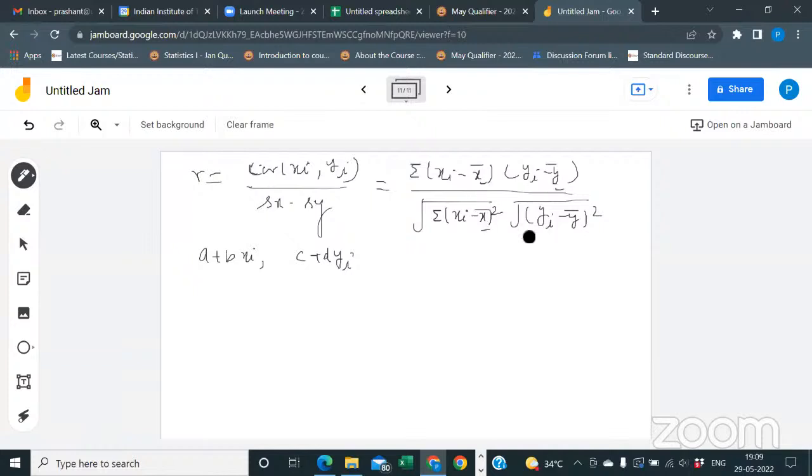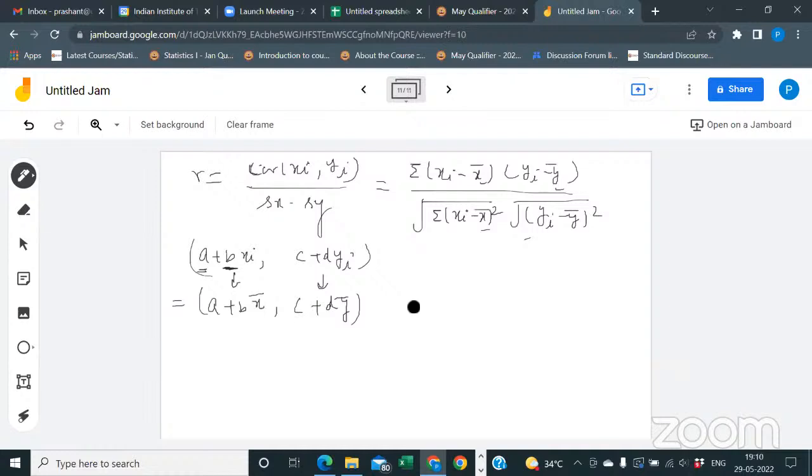If you take the new mean, can I write it as a plus b x bar, c plus d y bar? Yes, sir. Because if you add a constant, the mean changes, and if you multiply by a constant, it gets multiplied too. So for this data, my new mean will be this one.